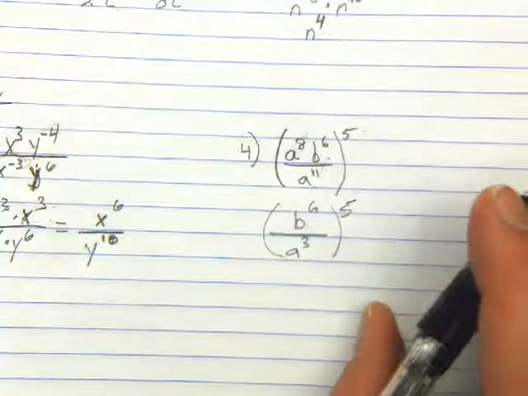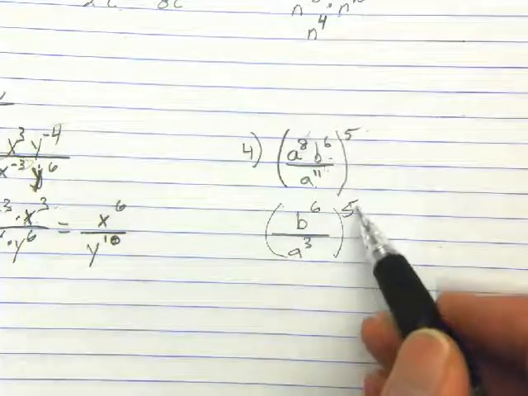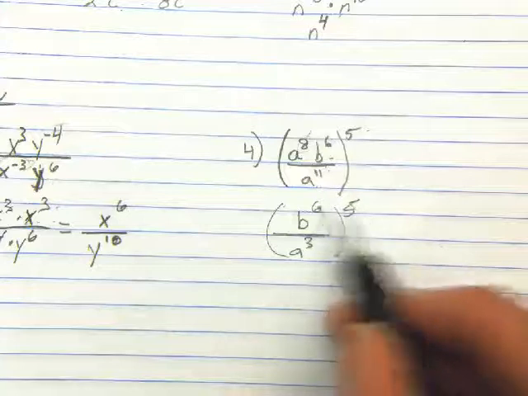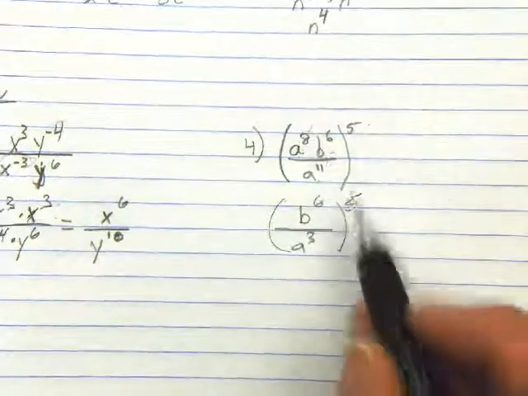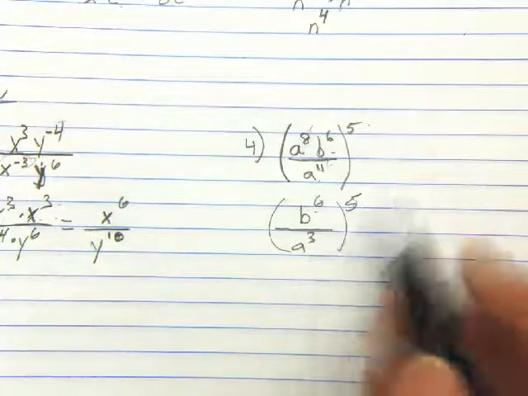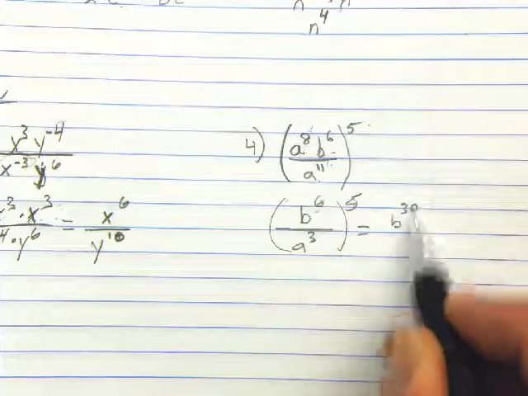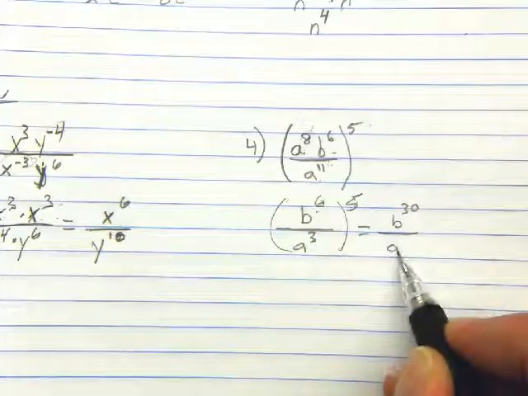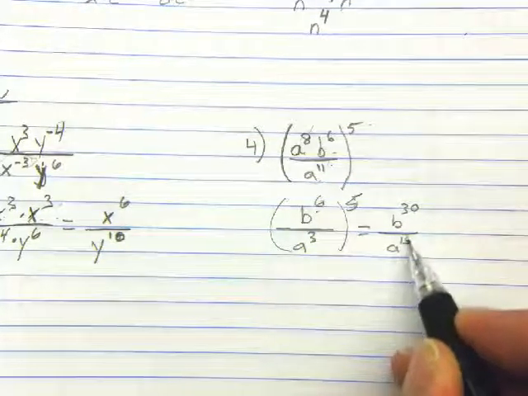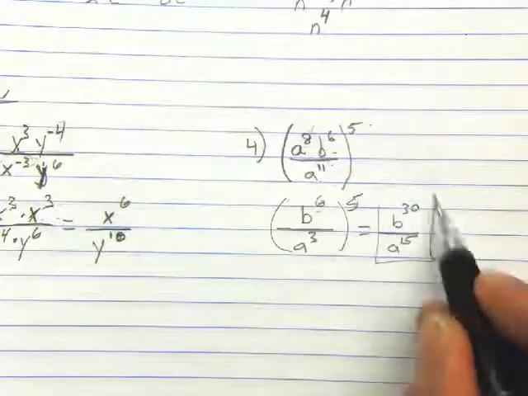So now, when you have a quantity like this to the 5th power, it's still the multiplication, still like what we did up top. You're still going to do 6 times 5, but you also do 3 times 5. So what you get is b to the 30th over a to the 15th, and you're done. That is your final answer. Okay?